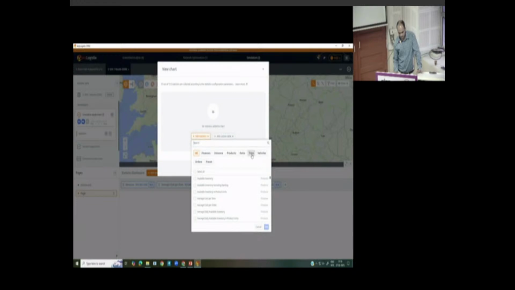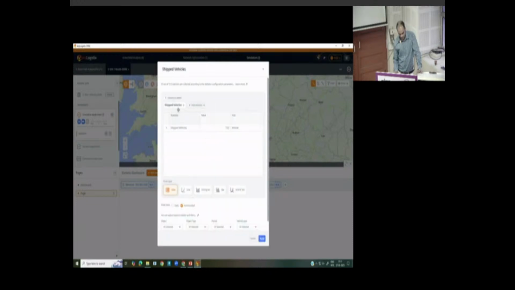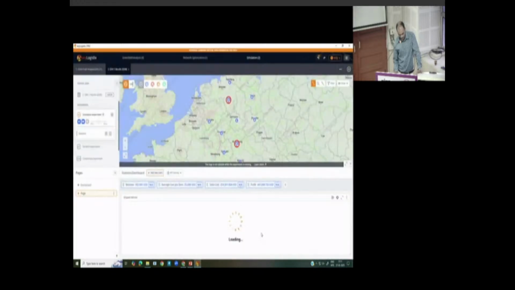I want time, maximum lead time, production lead time, or say I want the inventory data, products, available inventory, or if you want to see vehicles, how many vehicles you shipped. Okay, so vehicles shipped, and then select apply. So in 1 year, both DCs have shipped 732 vehicles to satisfy that demand.